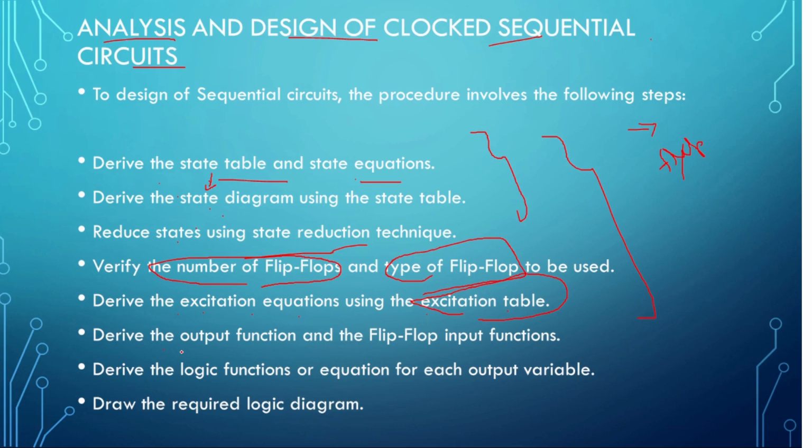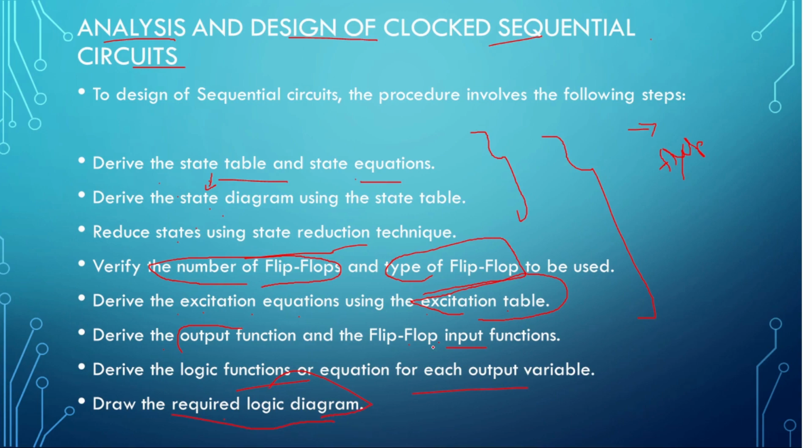Afterwards, find the output function and the input function of the flip-flop, then the logical function of the output variable. Afterwards, draw the logical diagram. The final step is to draw the logical diagram of the clocked sequential circuit.